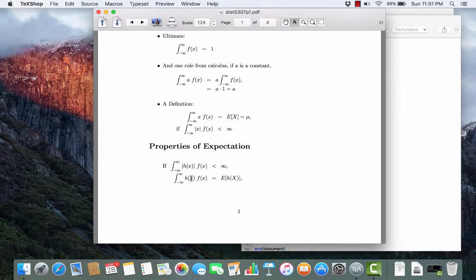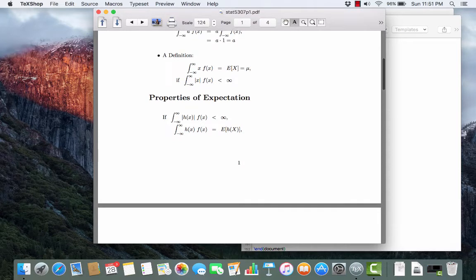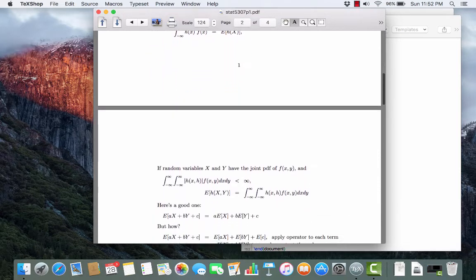Then the next one, if the absolute value of h of x times f of x is finite, then the expected value of h of x is the integral of h of little x times f of x dx, the invisible dx. And if I integrate that, that gives me the expected value of h of x. And that's that law of the unconscious statistician that I mentioned.